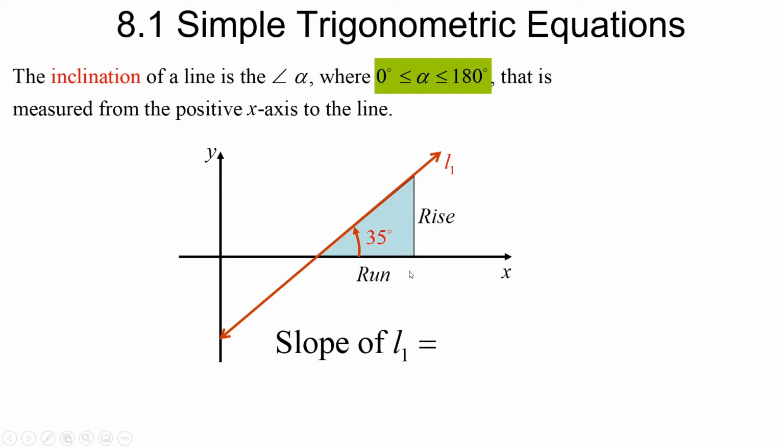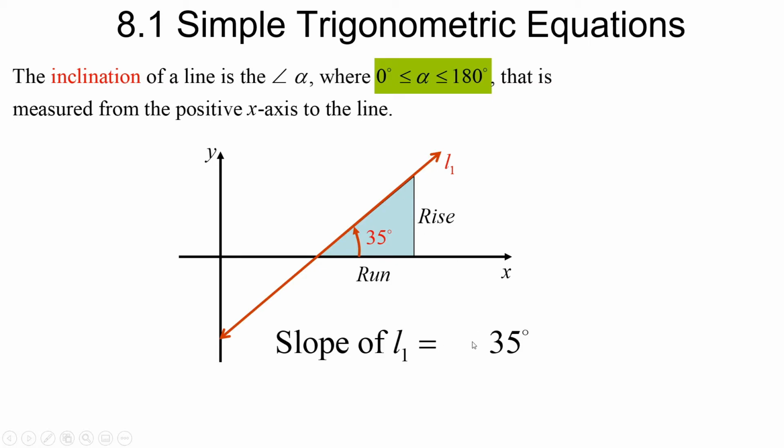Okay, now think about that. Think about right triangle trigonometry. Isn't this rise the opposite of this 35-degree angle? And isn't this run adjacent to this 35-degree angle? And you SOHCAHTOA people, isn't tangent opposite over adjacent? So that tells me that, see that 35 degrees, our angle of inclination?